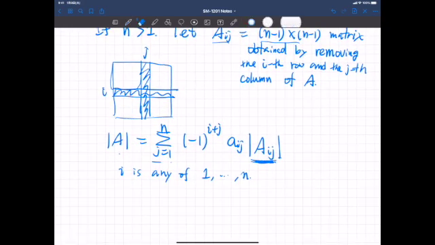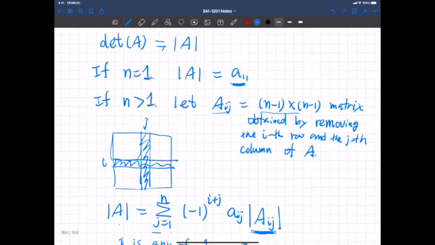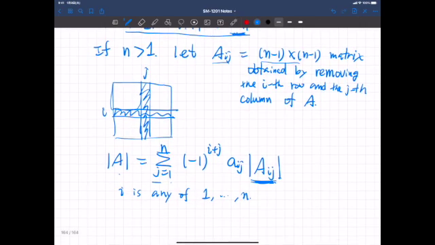And to calculate those determinants, we need 8 by 8 matrices, and then 7 by 7, and we go down until we reach 1 by 1 matrices. In this way, we can calculate the determinants of matrices of any size.